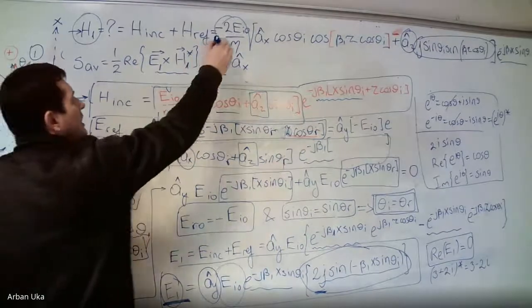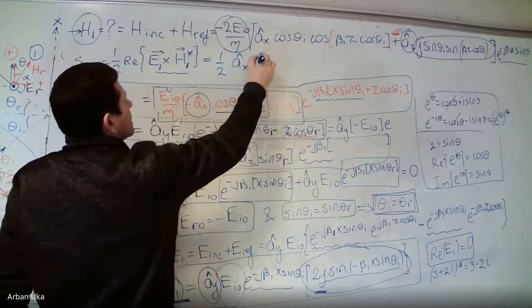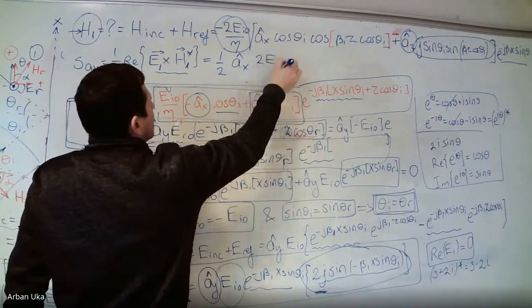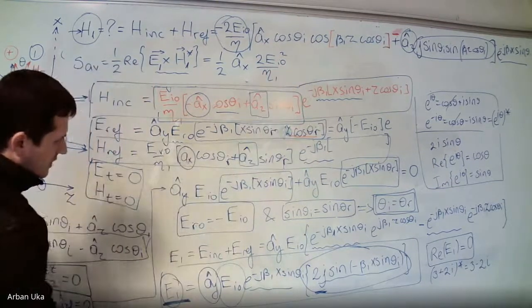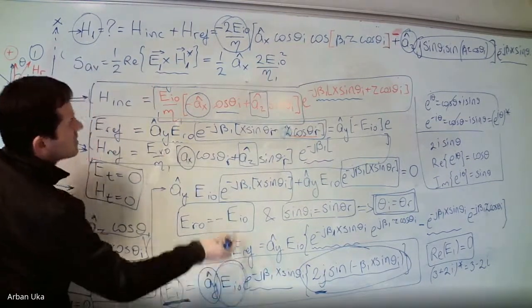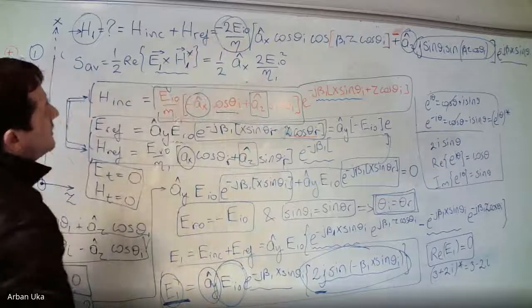So we get the direction, and we get that 1 over 2. We have to multiply the amplitudes, so here we get 2 EI0 squared over EI1. The amplitude is this term and this term here.